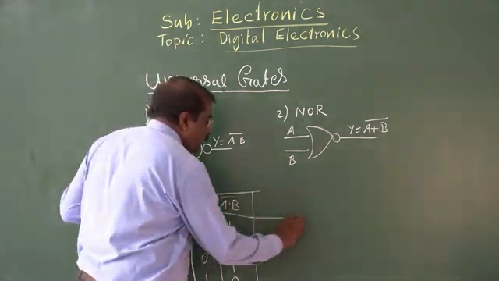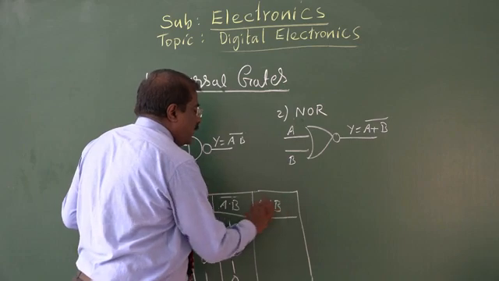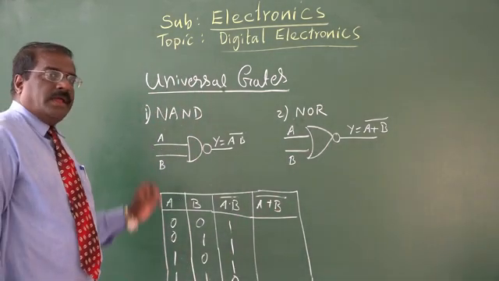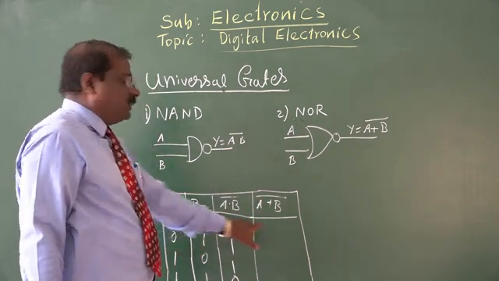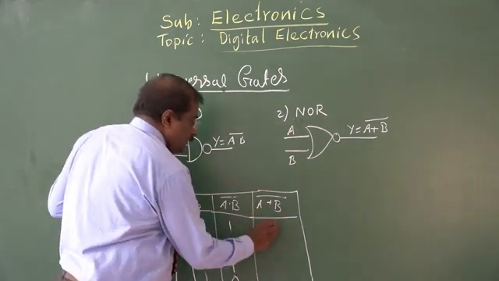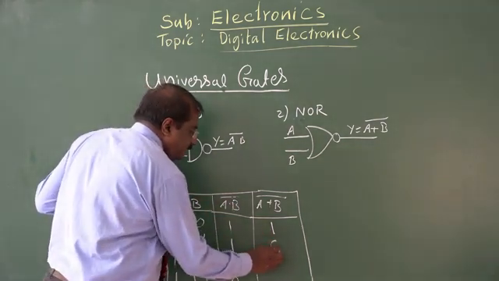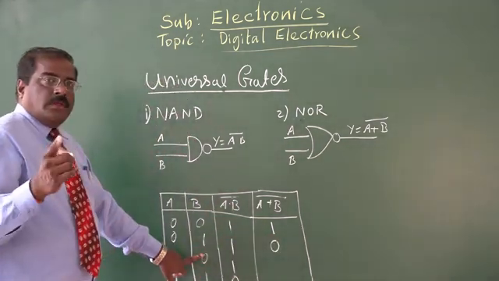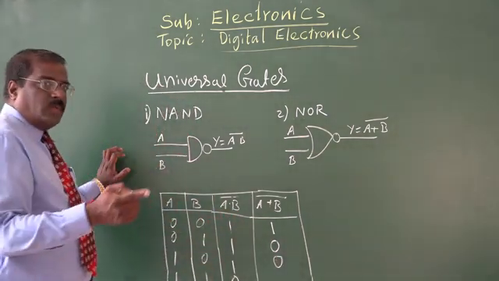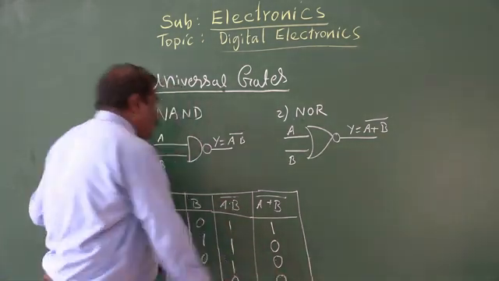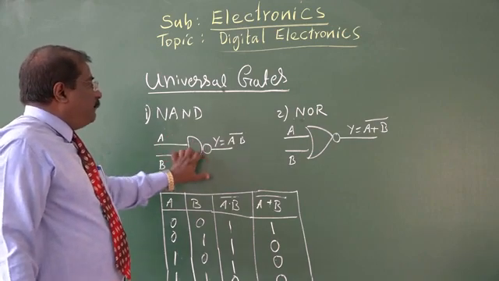In the same manner take the NOR function, A plus B whole bar. In this case it is the OR function, so 0 plus 0 is 0, the complement is 1. 0 plus 1 is 1, the complement is 0. 1 plus 0 is 1, the complement is 0. 1 plus 1 is 1, the complement is 0. Once more: the NAND gate symbol is the elongated D plus the bubble.